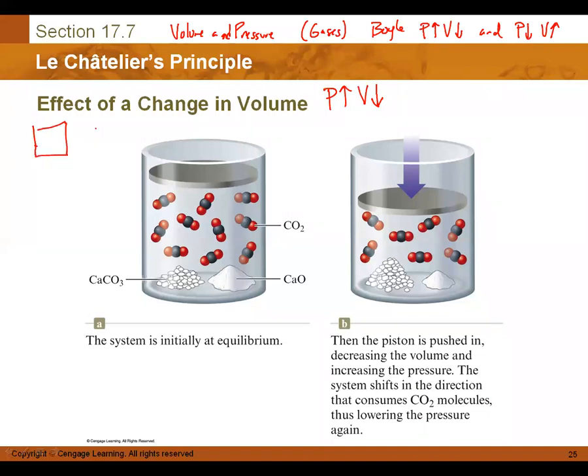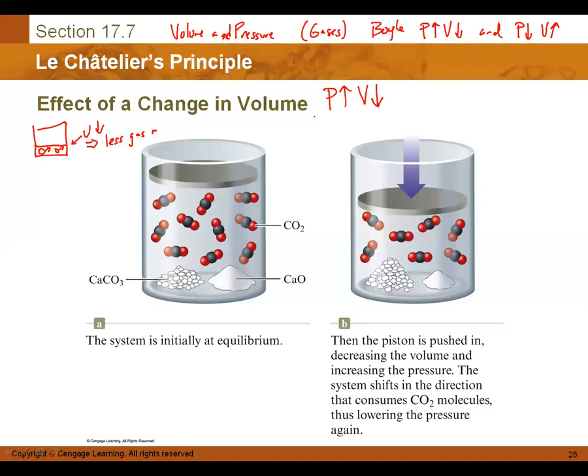So if we decrease the volume, these gas molecules are now very close to one another, and that's going to cause more collisions. That's why we see the pressure start to rise.